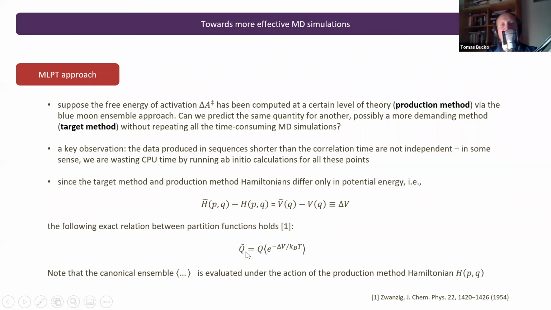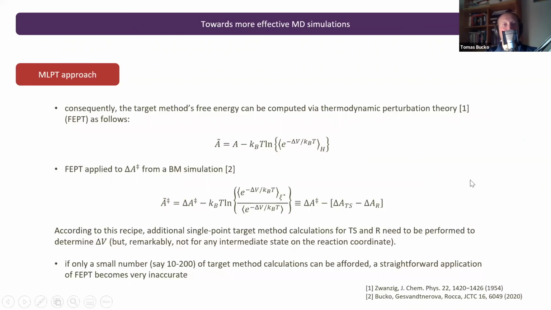This is analogous to what we derived for umbrella sampling, and this idea goes back to the middle of the 20th century. It's a pretty old idea, right? Having performed simulations at the production method level, we are able to restore statistics at the target method level, provided we can compute the difference in potential energies between these two. And importantly, the ensemble average is done at the production method level only, right? So you don't have to produce extra molecular dynamics for that.